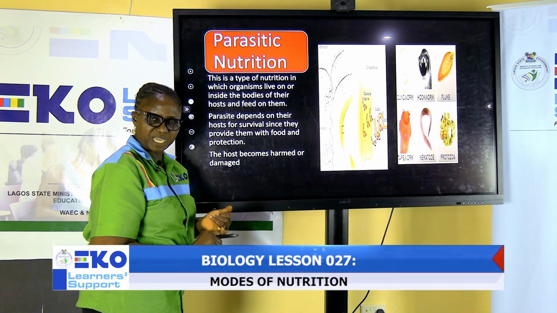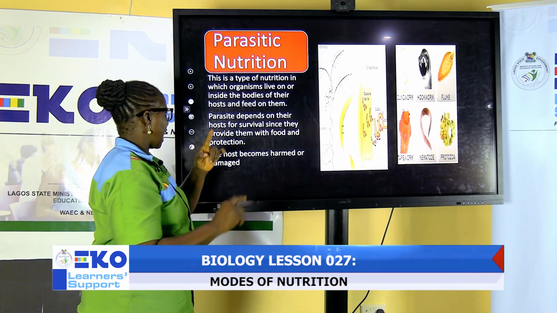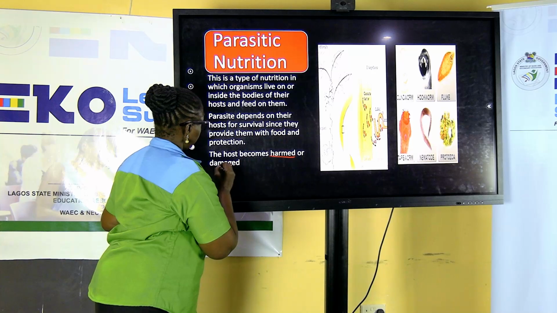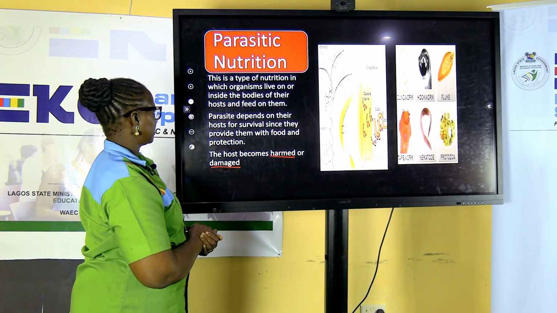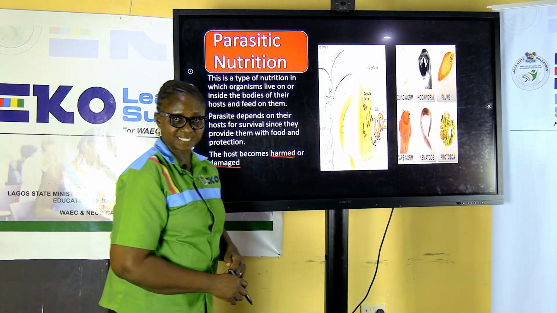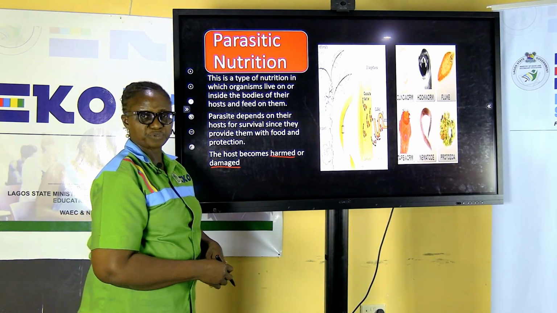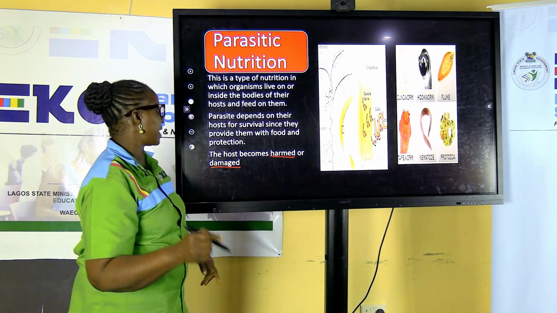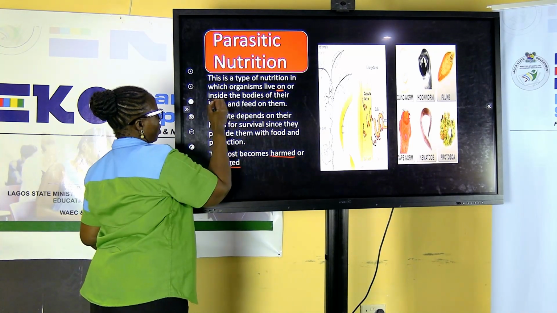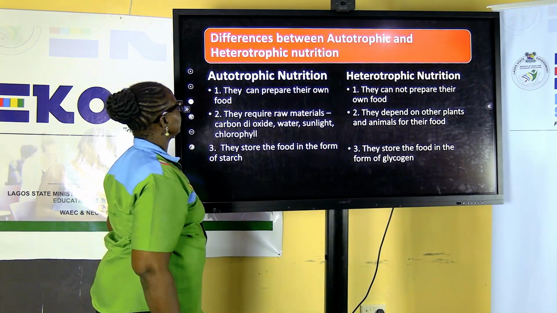It derives nutrients from the host, and at the end, it will harm or damage the host. We have examples of plants that are parasitic in nature and a number of animals too that are parasitic in nature. Remember, this organism can live on the body or inside the body of their host.